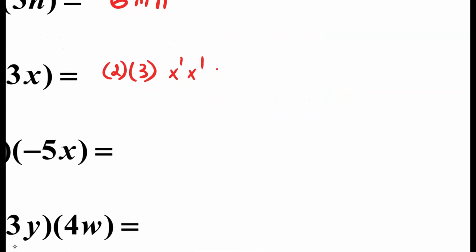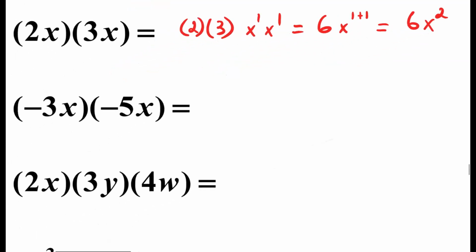So 2 multiplied by 3 equals 6, and then we have x, 1 plus 1, so we get 6x squared. So whenever the variables are the same, you're adding the exponents together, and if the variables are different, then you're just simply writing them down in alphabetical order. Important though, you remember that it's alphabetical order you write down the variables.